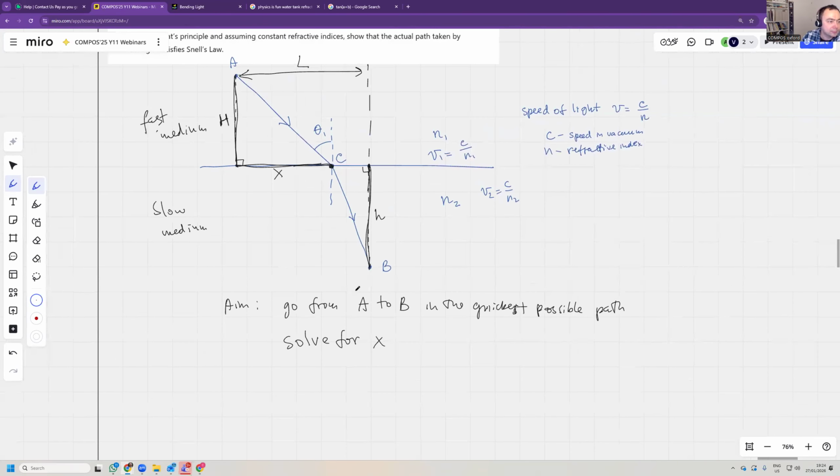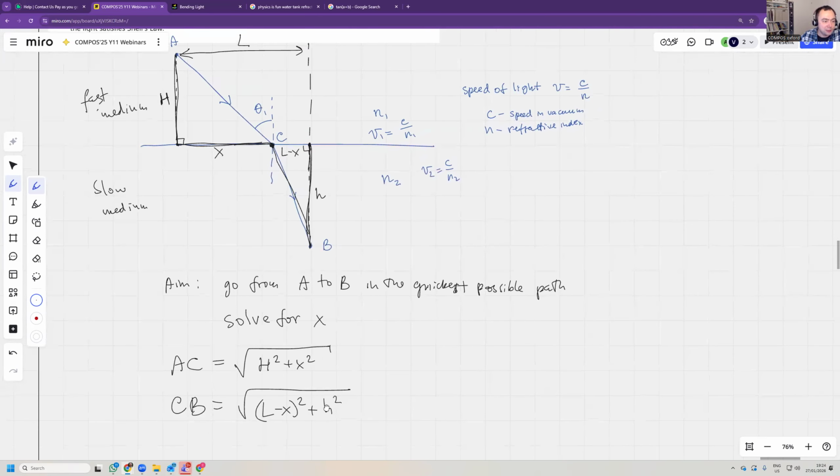Now the distance AC is the square root of h squared plus x squared. And CB is L minus X, of course. So CB is the square root of (L minus X) squared plus h small squared.